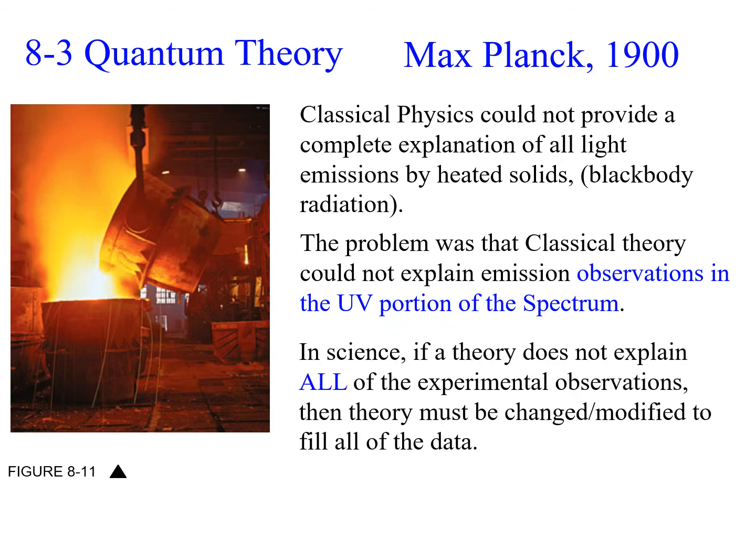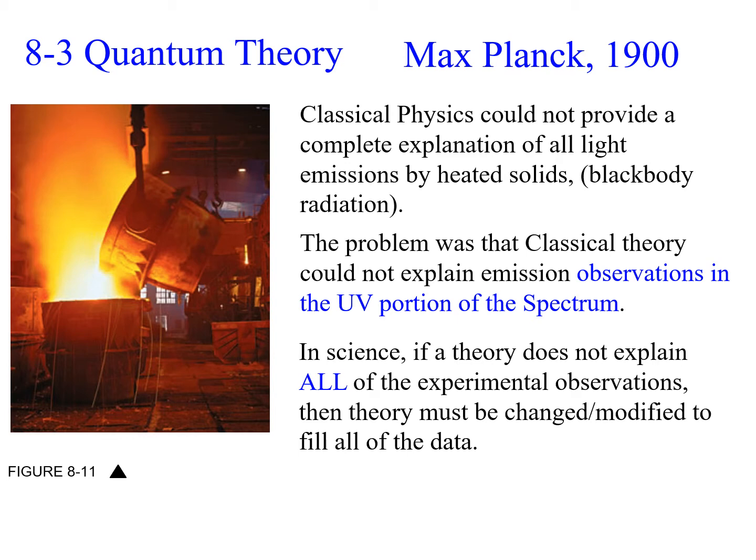And in science, you might recall, if a theory does not explain all of the experimental observations, then the theory must be changed or modified to fit all that data. So you can't cherry pick the bits that you like. You have to take into consideration all scientific observations to support a theory, or maybe change a theory. And this is what happened.